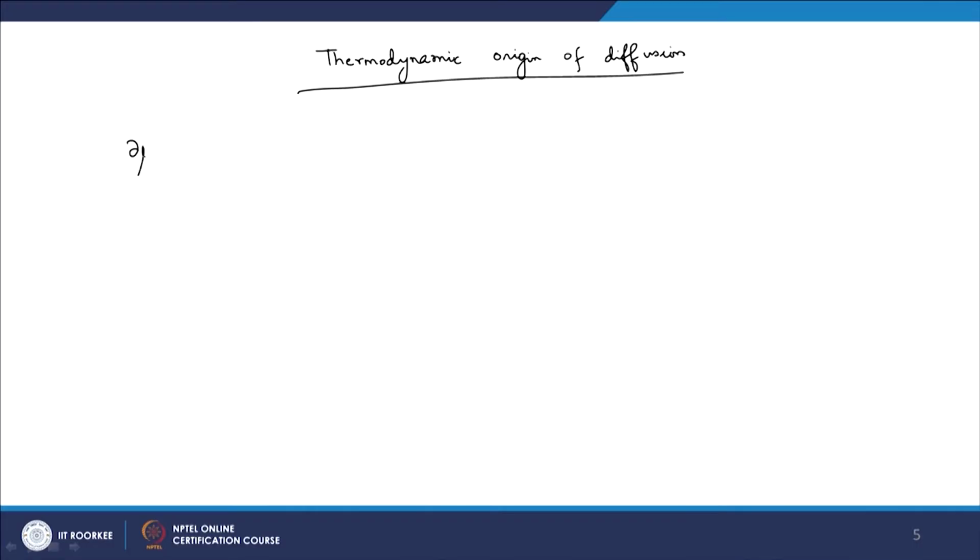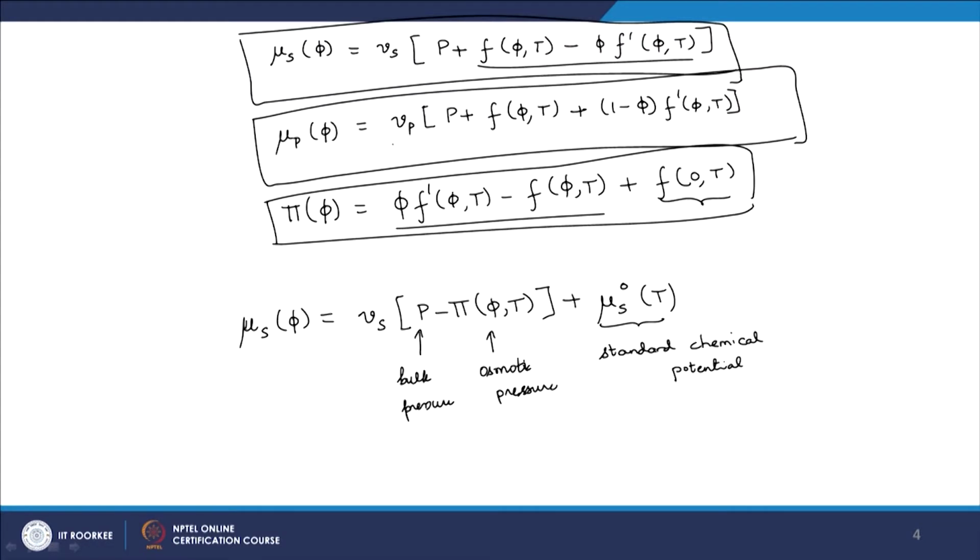So, we are interested in terms like dou mu p by dou phi and dou mu s by dou phi. How does the chemical potential change with the change in phi? We already have obtained the expression for mu p right here. So, I want to take a derivative of that with respect to phi.